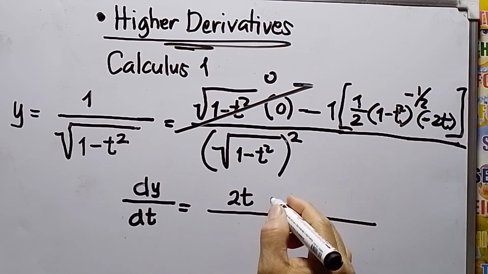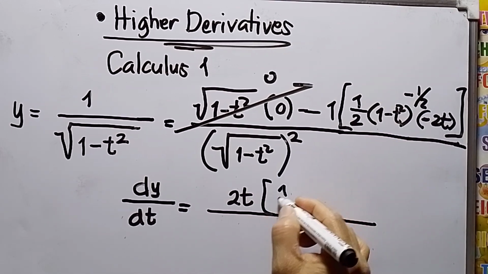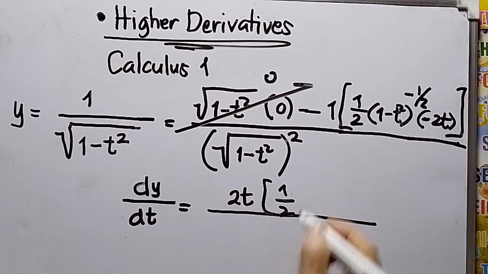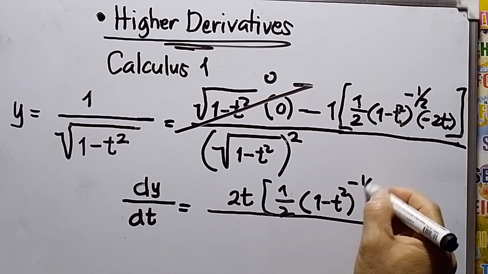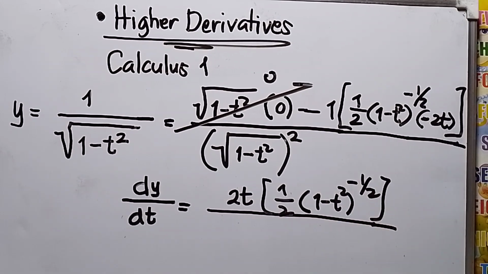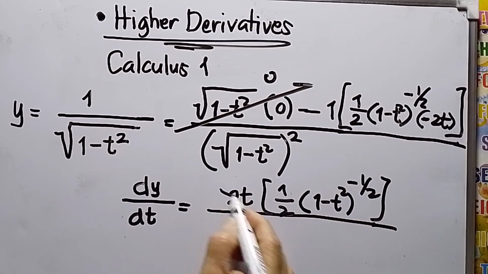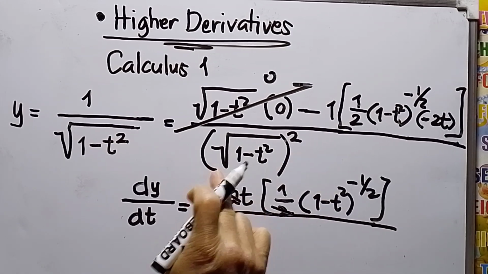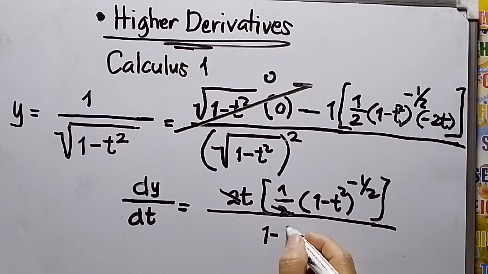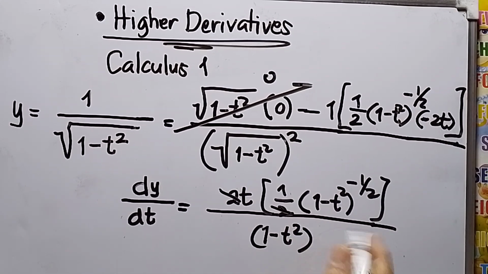Then I have here 1 over 2, then 1 minus t squared raised to negative half. Then 2 will be crossed out. I forgot to write the denominator. So square root squared, that will be 1 minus t squared, so the exponent is 1.